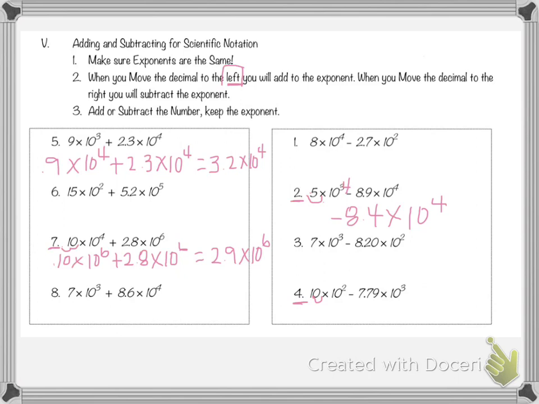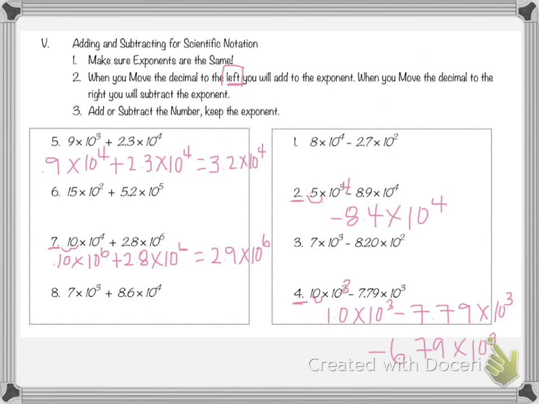So that exponent of a 2 is going to become an exponent of a 3. So now we can say 1.0 times 10 to the third minus 7.79 times 10 to the third. So 1 minus 7.79 is going to be a negative 6.79 times 10 to the third.